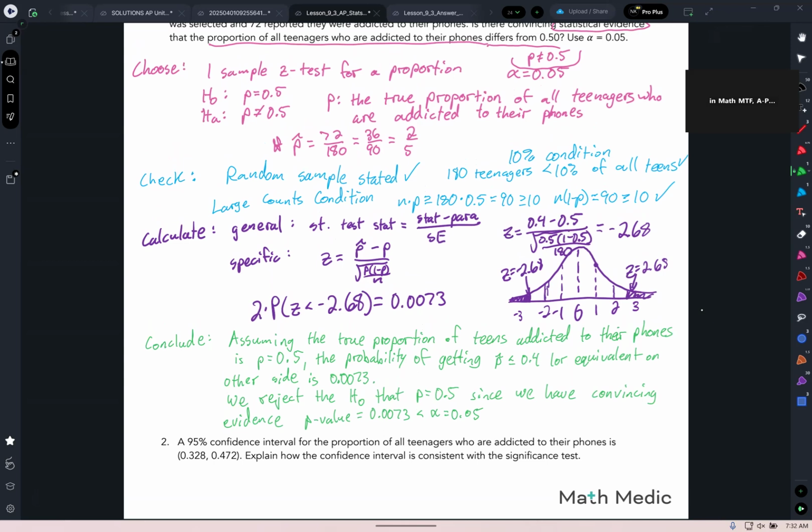We have convincing evidence for the alternative hypothesis, which you really should probably write out: the alternative hypothesis that p does not equal 0.5. Man, I forgot what the alternative was for a second.